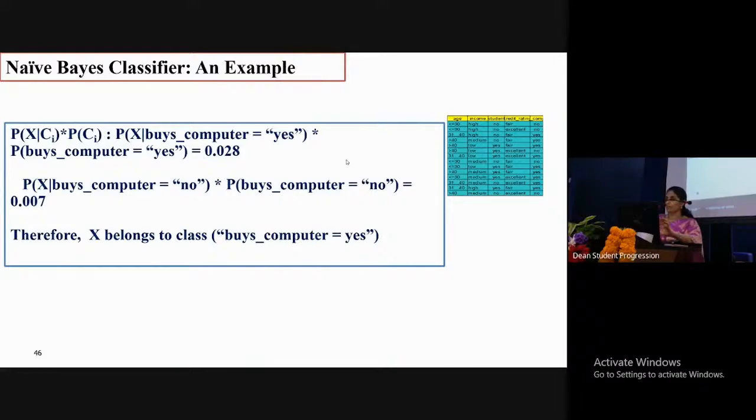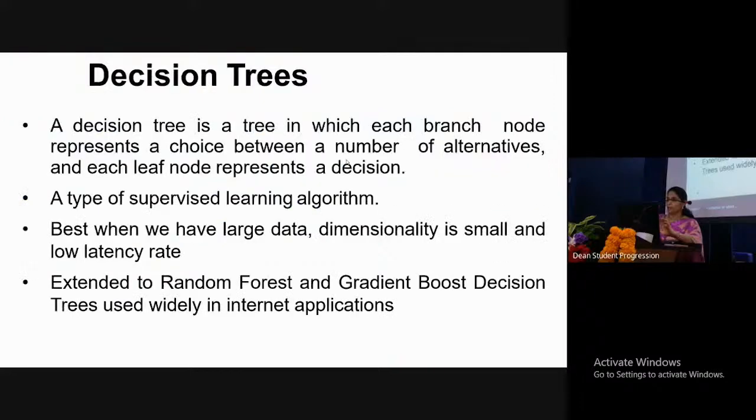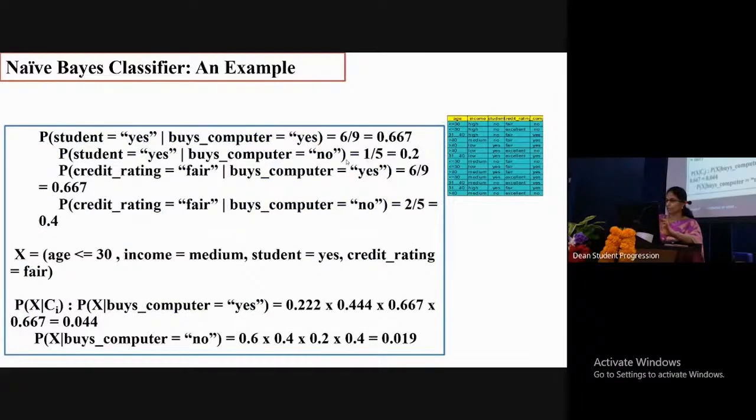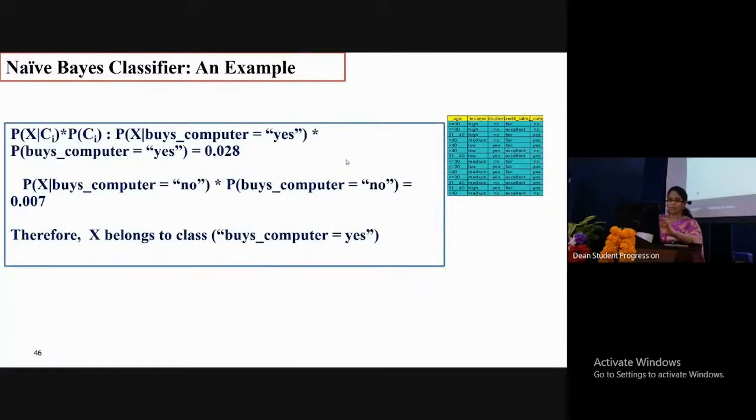So the highest value is yes. So I finally say that X, whose age is less than or equal to 30, income is medium, student yes, and credit rating is fair, will belong to the class label yes, that is, he is going to buy a computer. So this is another algorithm, the naive Bayes algorithm.